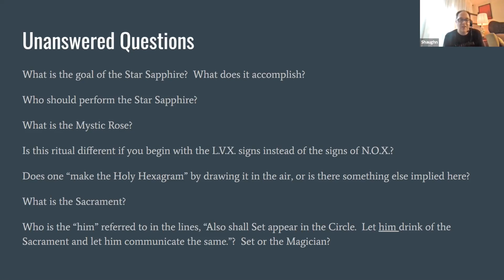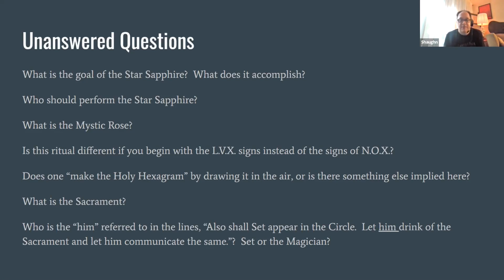Okay. What is the sacrament? It's never mentioned anywhere else except for the section about the sacrament. It doesn't say in the beginning, let him have his cakes of light or whatever ready to go for later in the ritual, so I don't know.